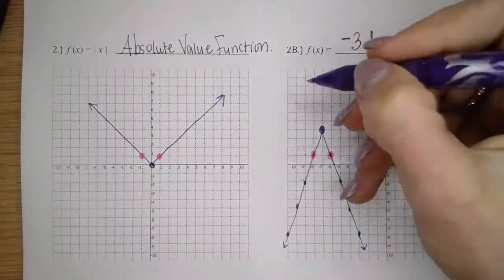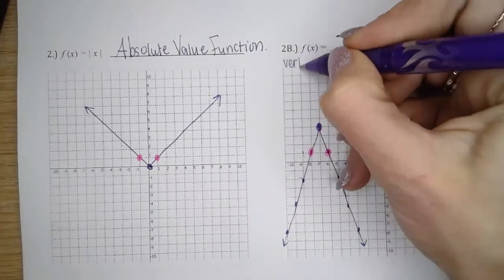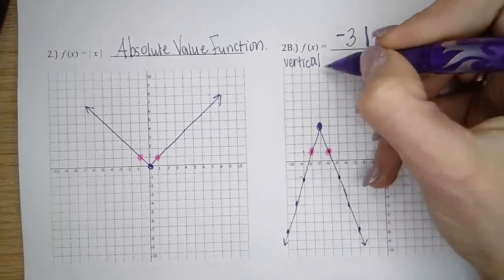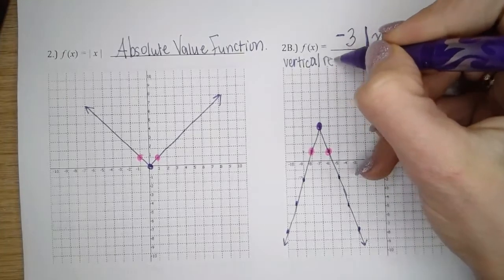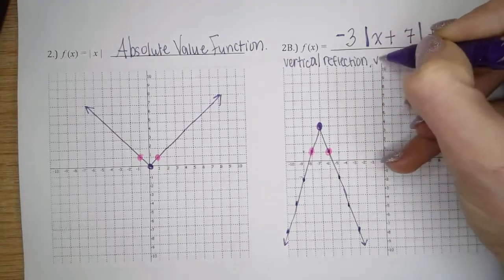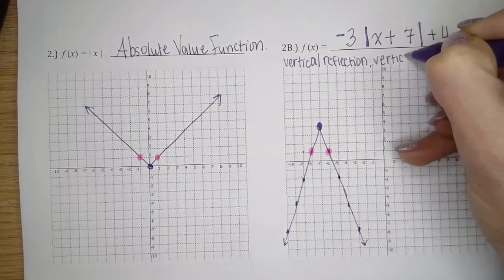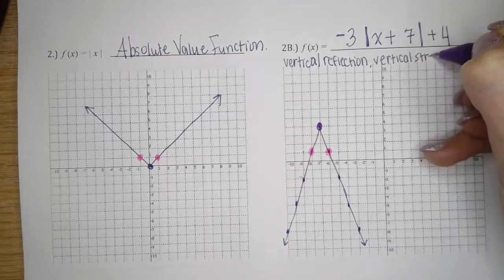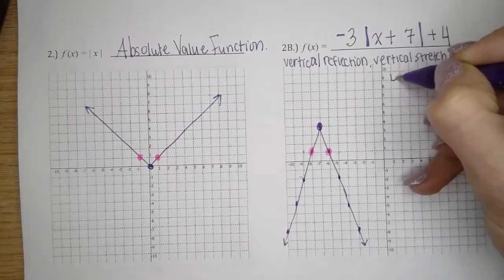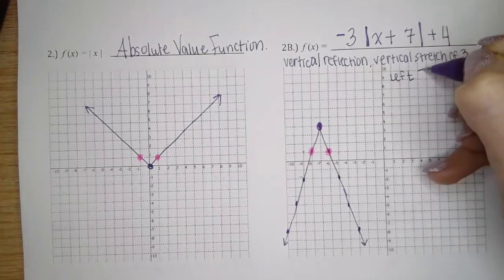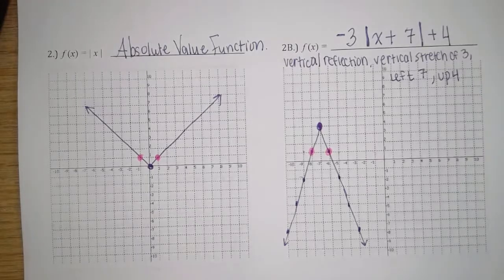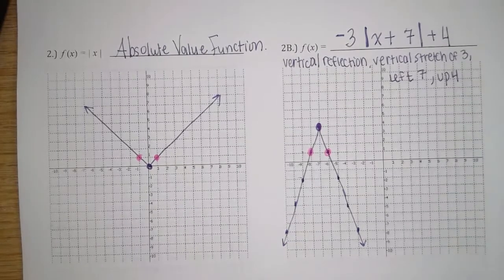So this is going to have a vertical reflection, vertical stretch of 3, then left 7, up 4. Those are your transformations.